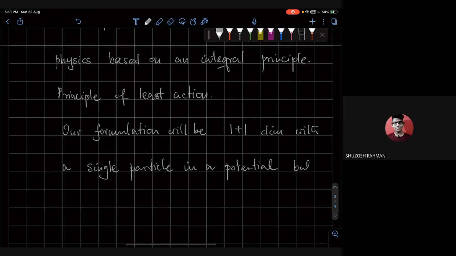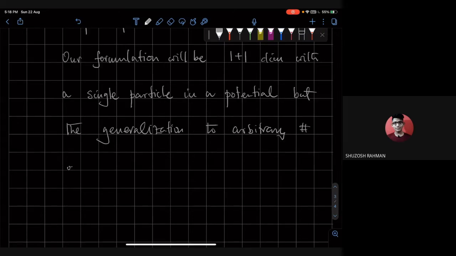But the generalization to, say, an arbitrary number of particles in higher dimensions is obvious, okay?